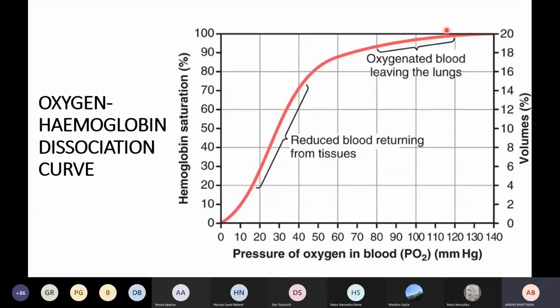It is not linear because hemoglobin is not a very simple molecule. It has globin units that are tightly packed when it is not bound to oxygen. That is why once these globin units are loosened, only then a rapid rise can take place in oxygen saturation. So that is why there is an initial lag.